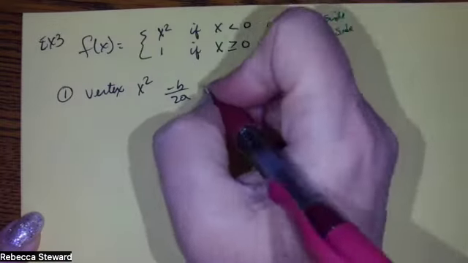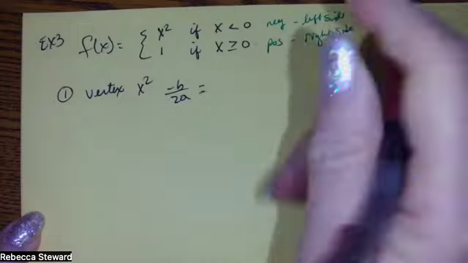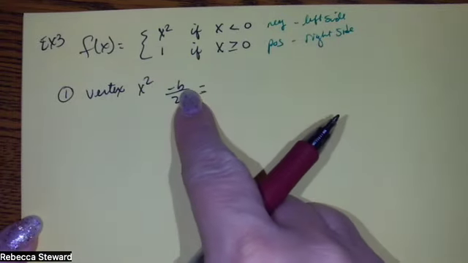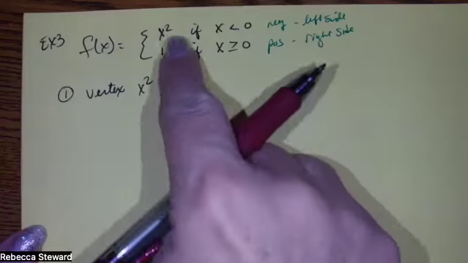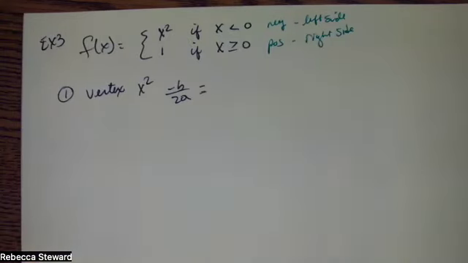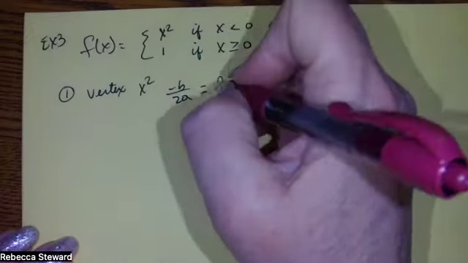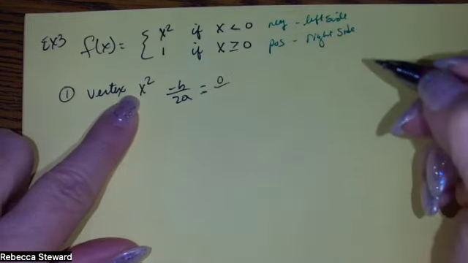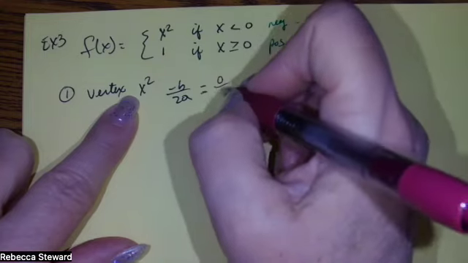So we already have our green up there, so let's go with the brown. So we just have x squared. There is no b, right? We don't have like 4x squared minus 7x. There's no b. So that's going to be 0. Now our a is going to be a 1 because we're looking at ax squared plus bx plus c.